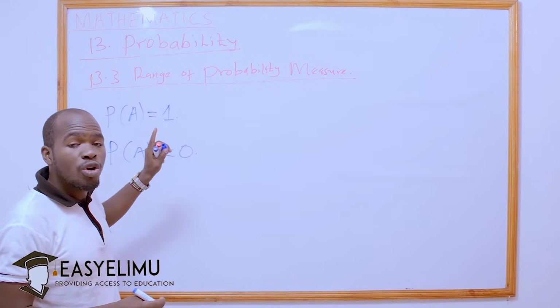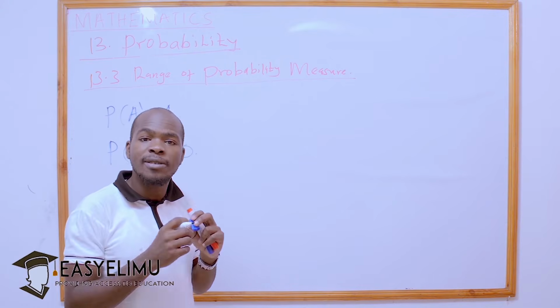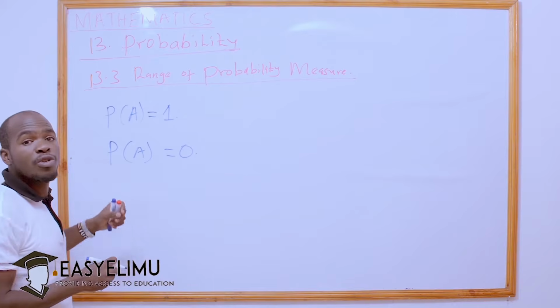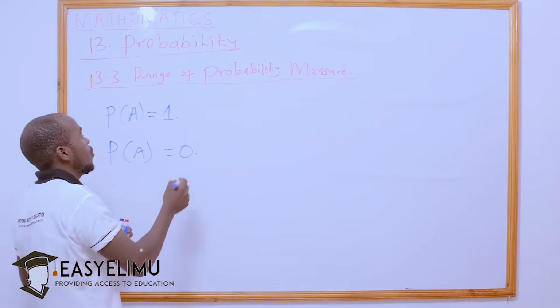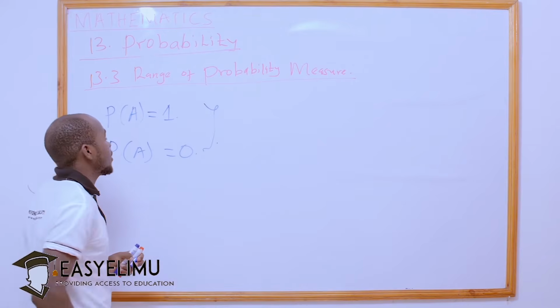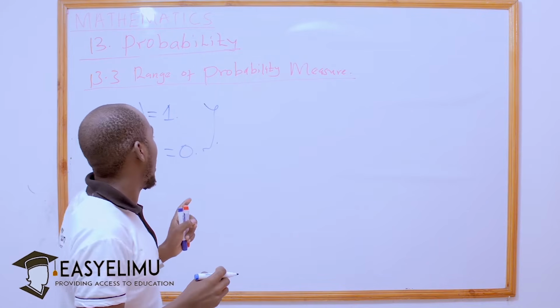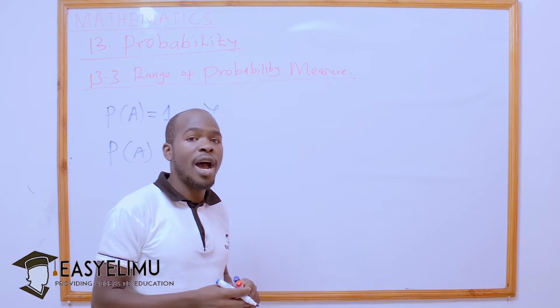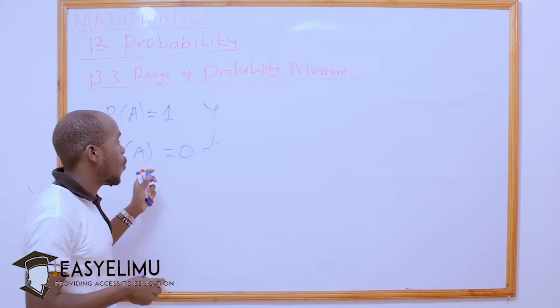But because we are certain that tomorrow must be Tuesday, if today is Monday, then the probability of tomorrow being Tuesday is equal to 1. So if one event is certain to happen, then the probability is 1, and if it is impossible to happen, it is equal to 0. So that is one of them.